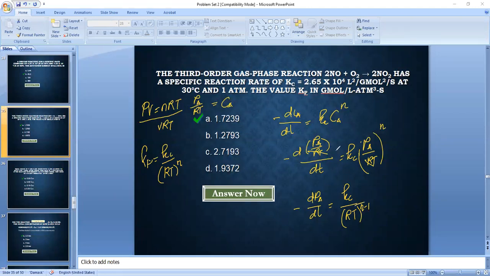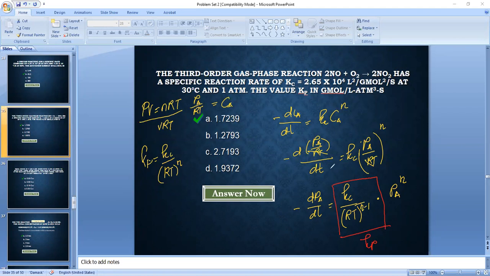This is N minus 1 because I already took 1. This is raised to N and this is raised to N. And you have it multiplied to P sub A raised to N. This entire expression that you have here, K sub C over RT raised to N minus 1, is your K sub P. Based on this scenario, your rate is in terms of partial pressure.